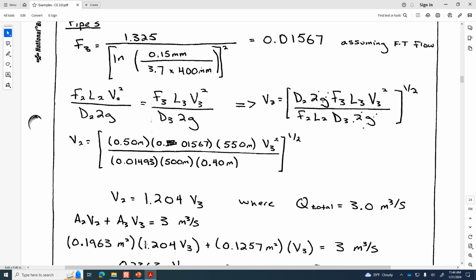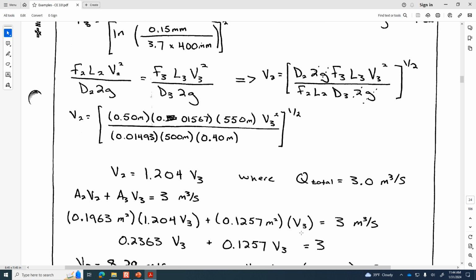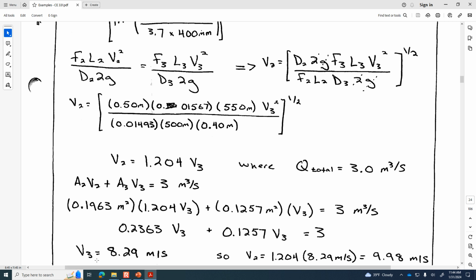I put in the expression for V2, and I leave this one as V3. And so that gives me the velocity in pipe 3, 8.29 meters per second. And with that, I can determine V2, because V2 is 1.204 V3.